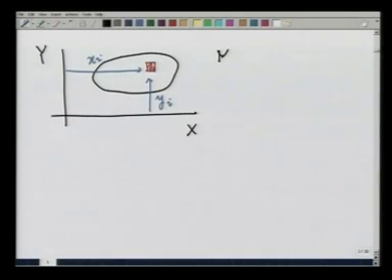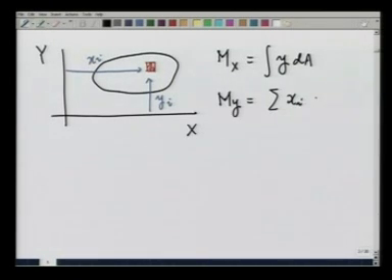I define my first moment about the x axis as integral y dA, and similarly I can define m y, the first moment about the y axis, as summation x i delta a i, which in the limit of continuous area becomes integral x dA. These are the definitions. So, we have first moment about the x axis and first moment about the y axis.